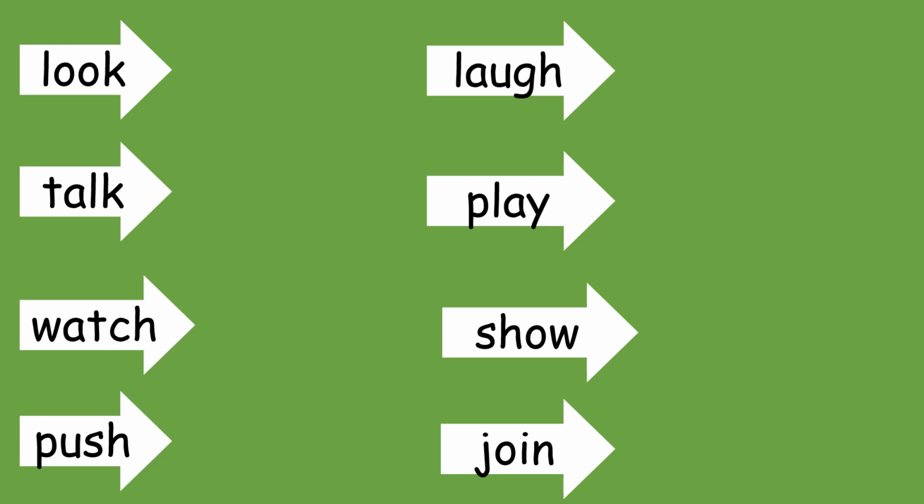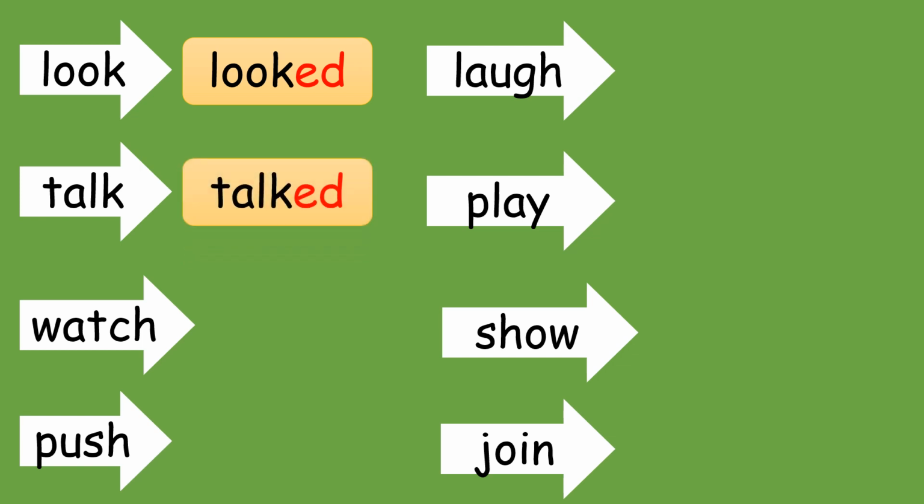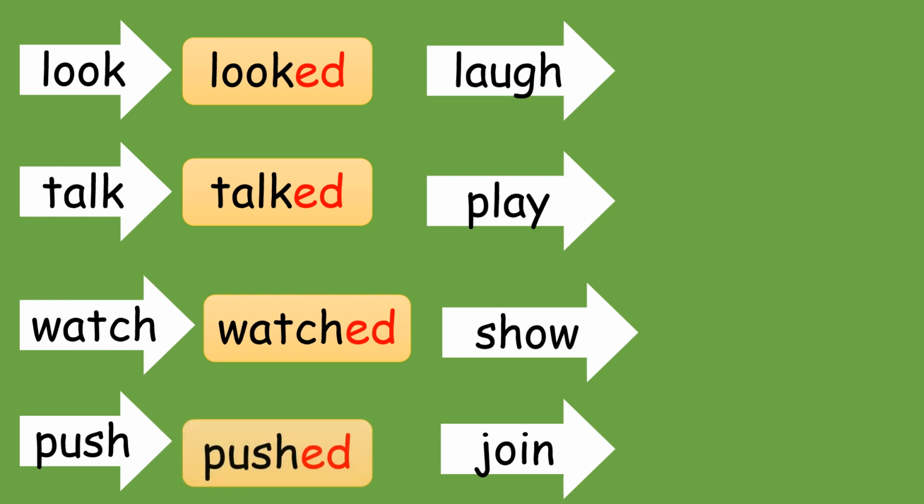Here are some examples of verbs in which you just add the letters E and D to form the past tense. So look, the past tense is looked. Talk, talked. Watch, watched. Push, pushed.